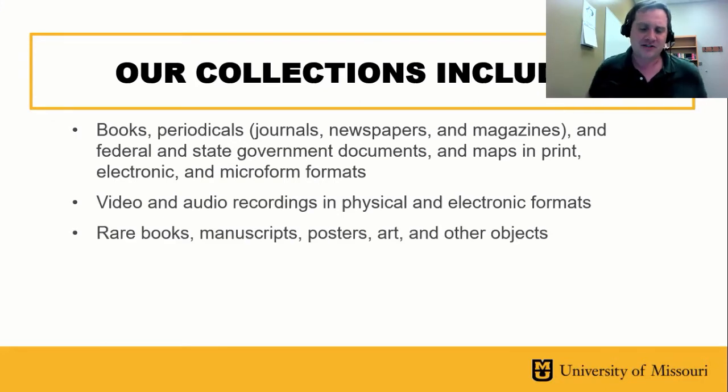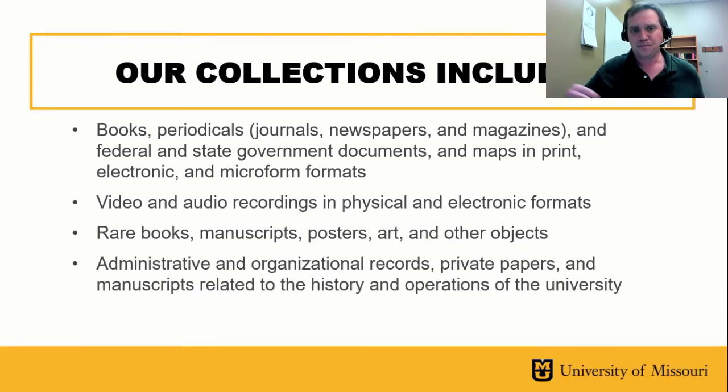We have a special collections department that collects and manages things like rare books, rare manuscripts, old posters, old artwork, other objects, things like cuneiform. We actually have pieces of cuneiform in our collection, and those are things that that department makes available both to scholars as well as using in the classroom to help teach.